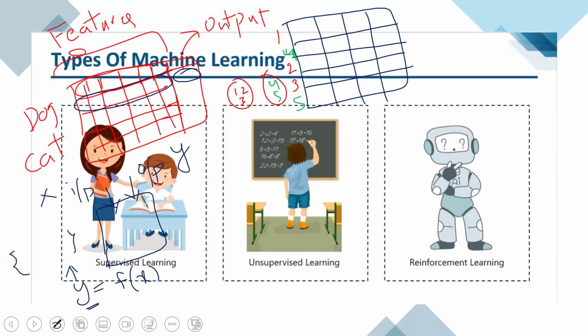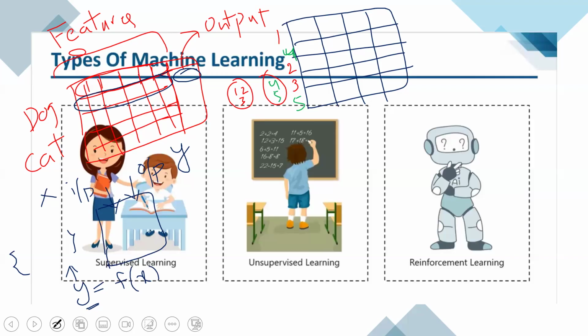So that is what unsupervised learning actually means. For supervised learning, you will supervise by giving the output, saying these are the features that belong to dog, and these are the features that belong to cat. So in future, if you give something, what this algorithm tries to understand, based on this data, is the relation between the inputs and the output.